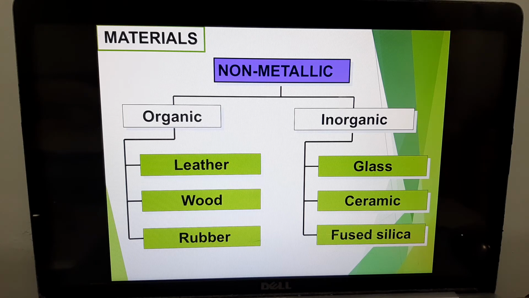Organic materials are materials made of animal or vegetable cells. Remember, animal or vegetable cells. Inorganic material is anything else which is not metal and is not made of animal or vegetable cells, but is instead man-made. Examples: glass, ceramic, fused silica.